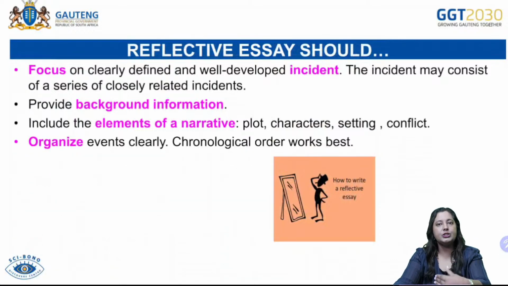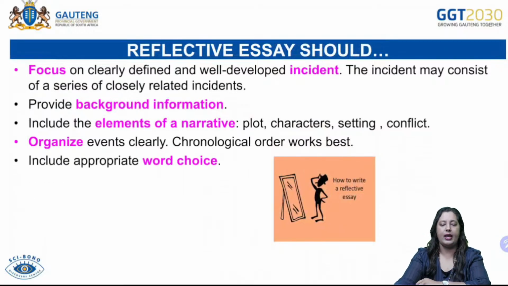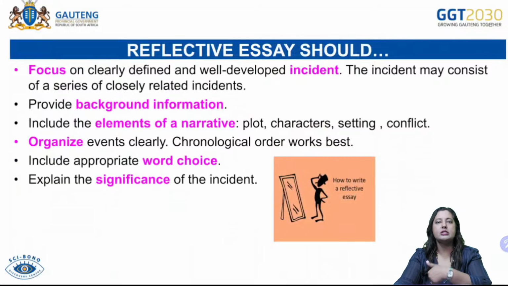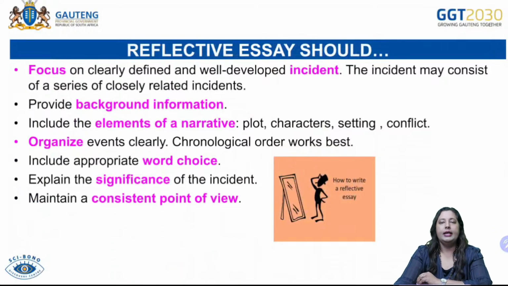So you're very much going to ensure that you've organized your ideas clearly and there's a logical, chronological flow as well. Please remember your word choice is very important, and that you have also led us into the idea of why this particular event or incident was important to talk about. Right.